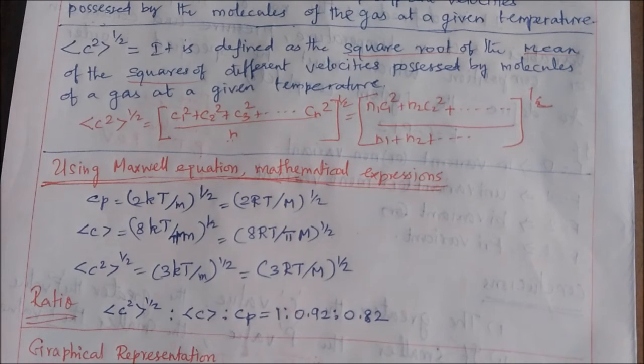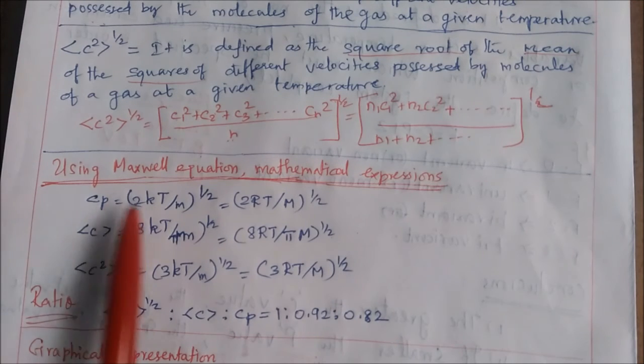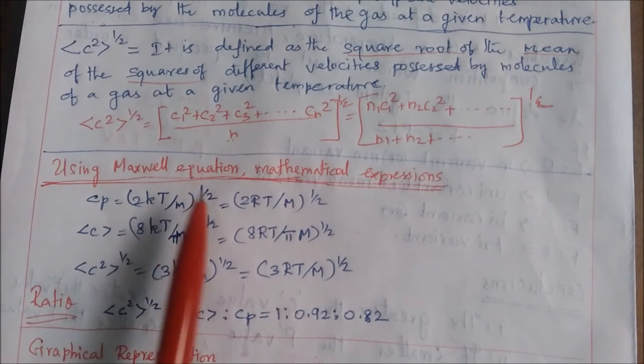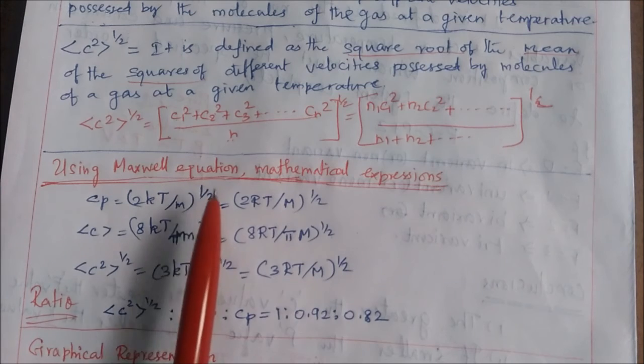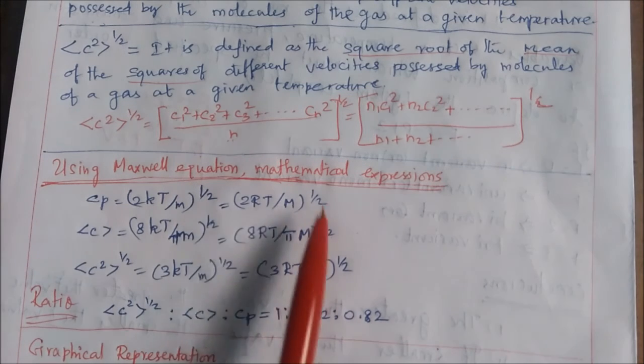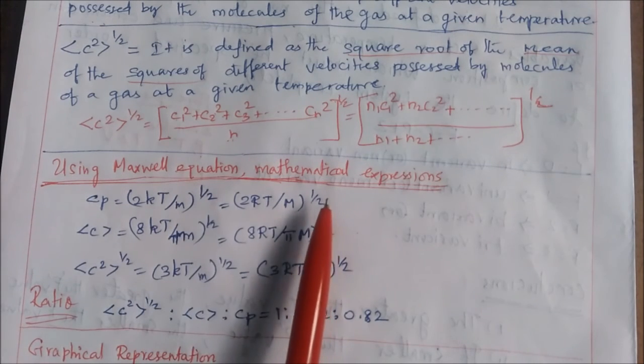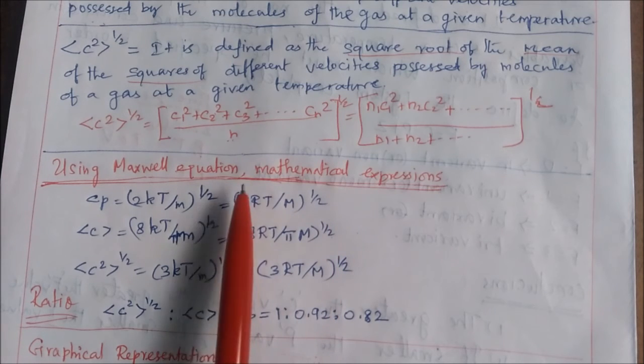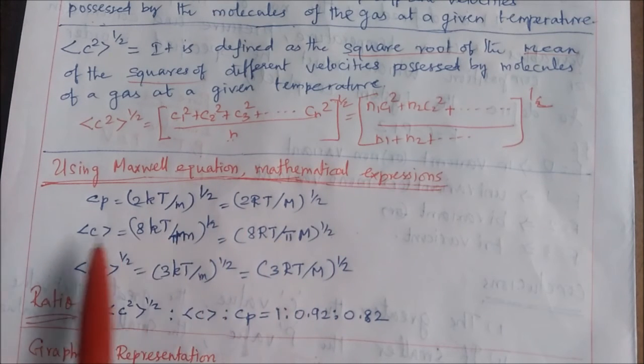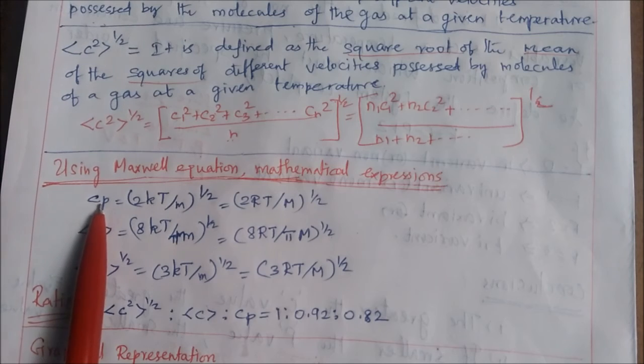We have arrived at these expressions. Cp is equal to (2kT by m) whole power 1 by 2, which is equal to (2RT by M) whole power 1 by 2. The power 1 by 2 can be mentioned like this, or we can put a root symbol. So this is the most probable velocity.